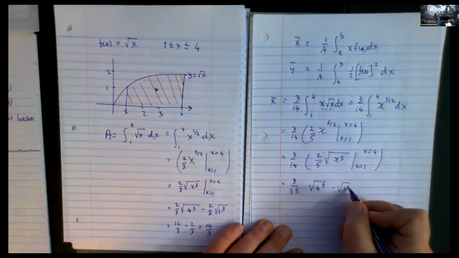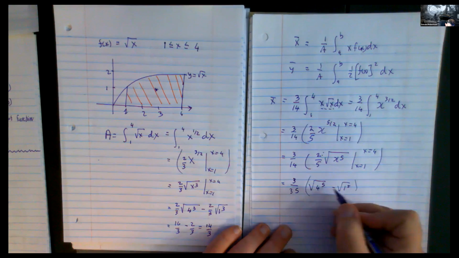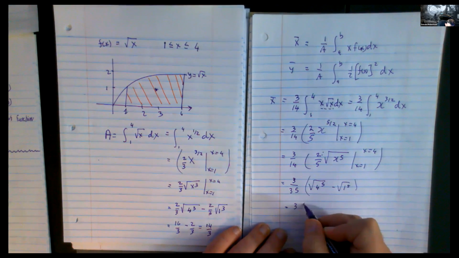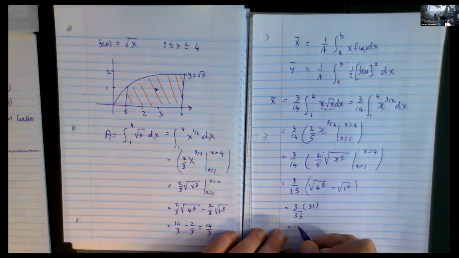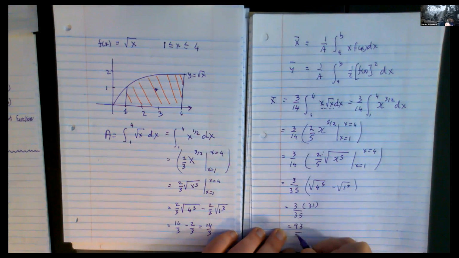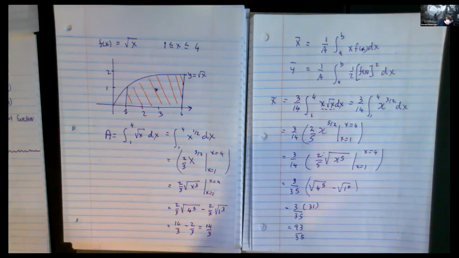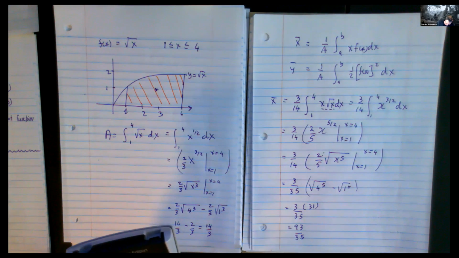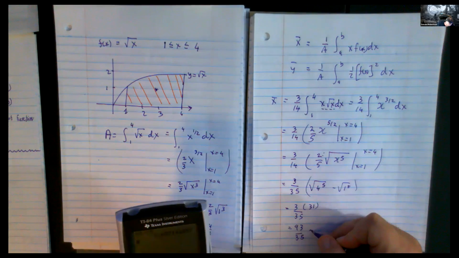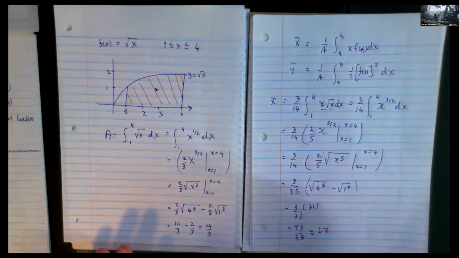That's 32 take away 1, which is 31. So that's 93 over 35. And 93 divided by 35 is very roughly 2.7. Right, there's my x bar.